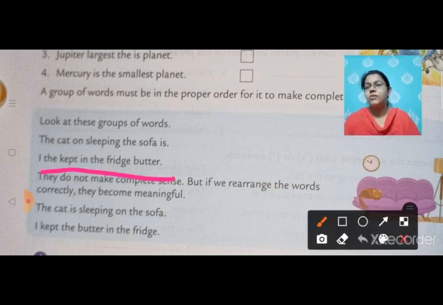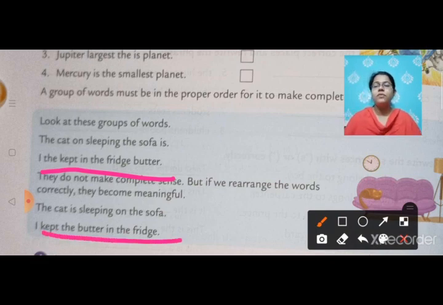Now let's just rearrange the words in this sentence. So what we will say, I kept the butter in the fridge. Now when we are rearranging the words, we make the sentence meaningful. Meaningful means it does have some meaning. ठीक है, जब हम वो सेंटेंस पढ़ते हैं तो हमको समझ में आता है कि वो सेंटेंस क्या कहना चाहता है, वो हमको समझ में आता है.